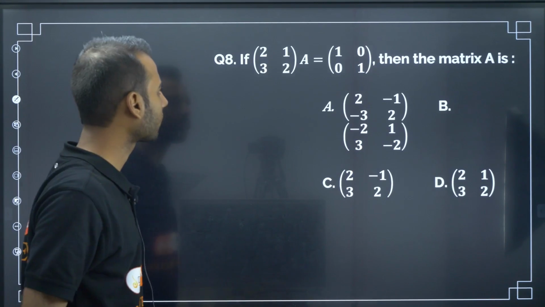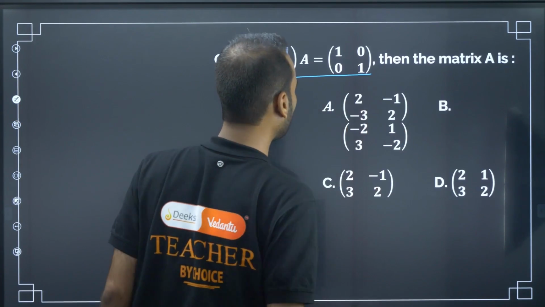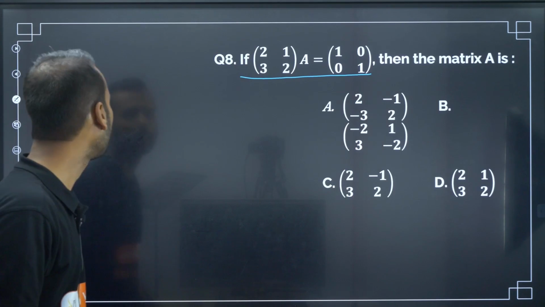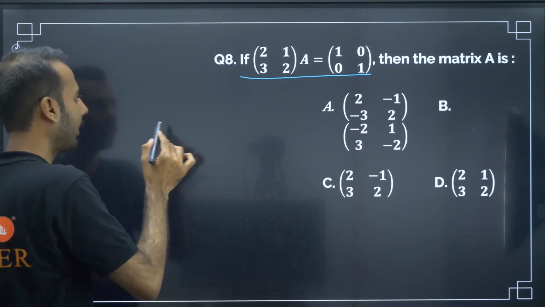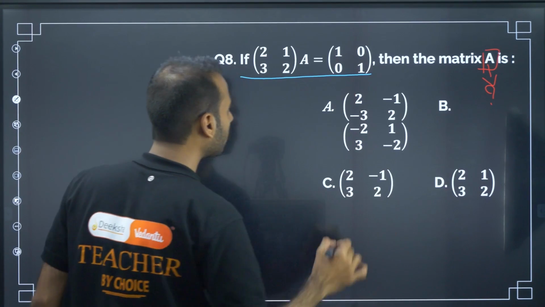If some equation they have given, if this is equal to this, then what is the matrix A they are asking?